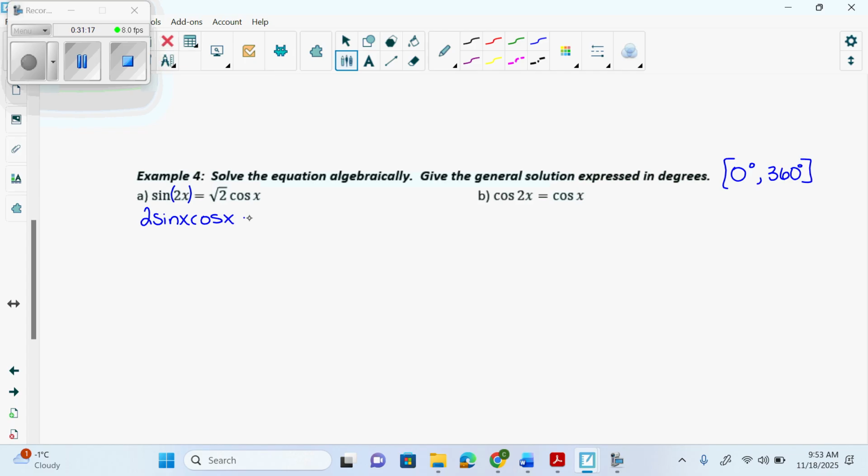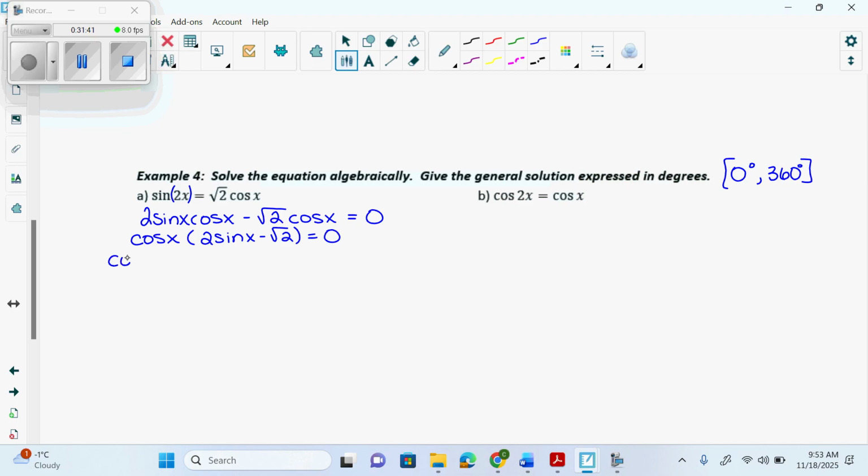And then I need to move this over, minus root 2 cos x equals 0. What could I take out of both of these terms? What greatest common factor? Cos. So I'm left with cos x and then 2 sine x minus root 2, which actually makes me happy because I know that that is going to be on the unit circle as well. Sometimes they're not.